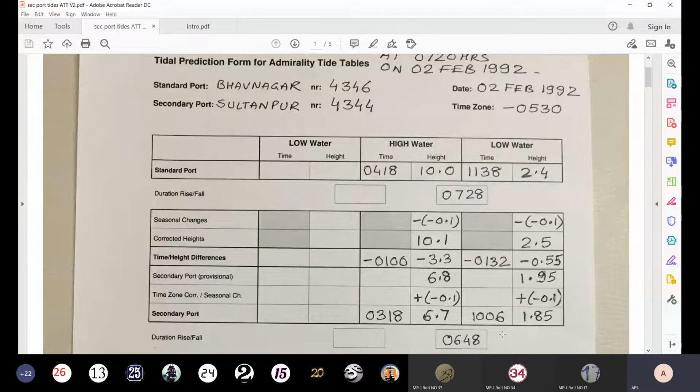Anyone has got stuck in the calculation? So which value will we write in the duration rise slash fall?